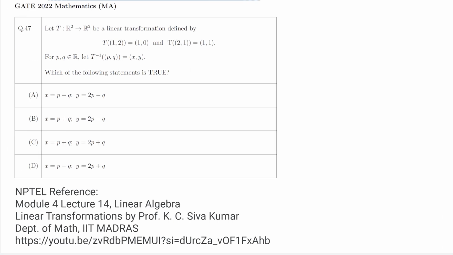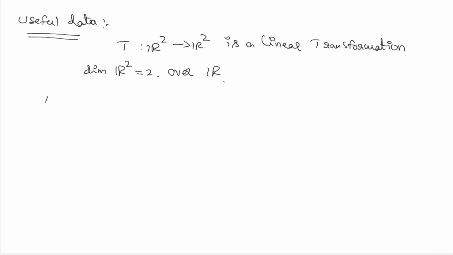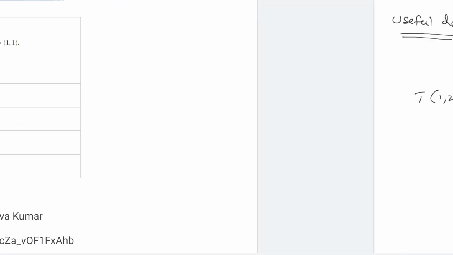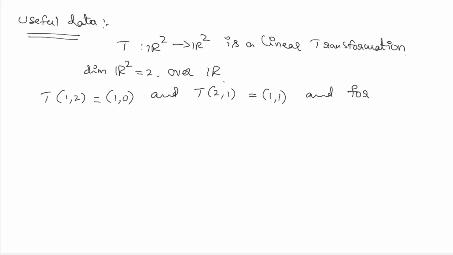It is given that T of (1, 2) equal to (1, 0) and T of (2, 1) equal to (1, 1). And for (p, q) in R, T inverse of (p, q) equal to (x, y).